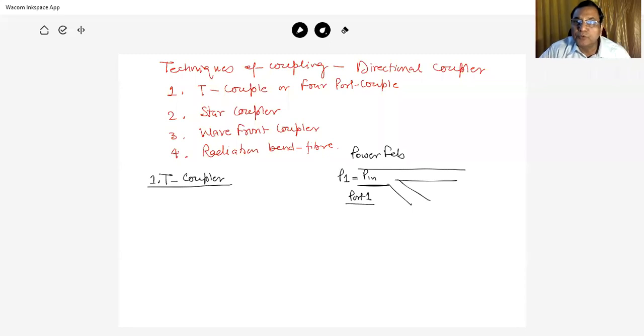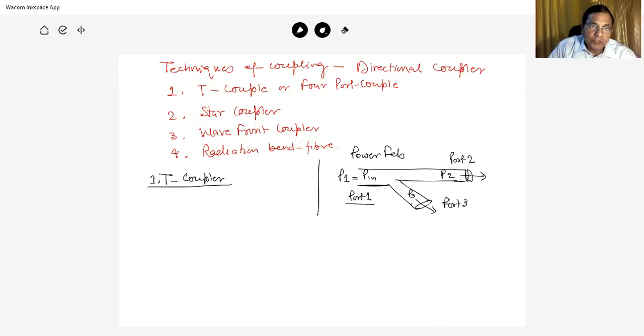This is port 2. Here it is port 3. So this power is P2 and this power is P3, P1 input.